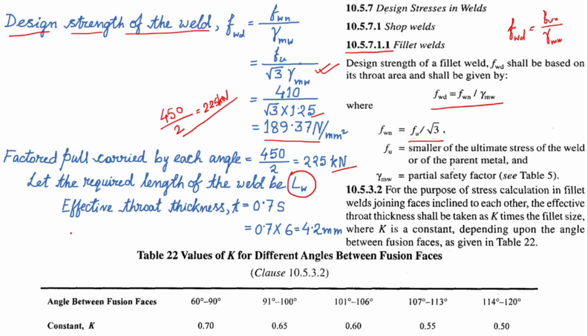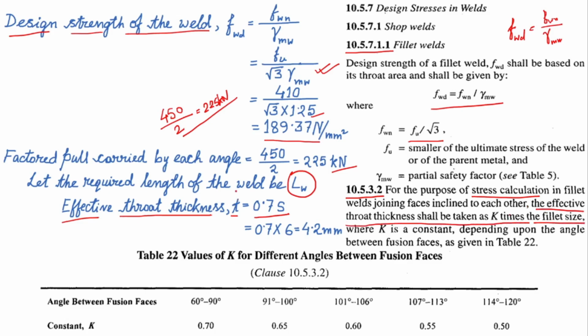Next, effective throat thickness small t is taken as 0.7 S. Why have I taken 0.7? If I follow clause number 10.5.3.2, then we will get, for the purpose of stress calculation in fillet welds joining faces inclined to each other, the effective throat thickness shall be taken as K times the fillet size.